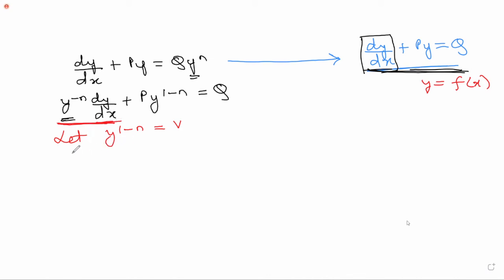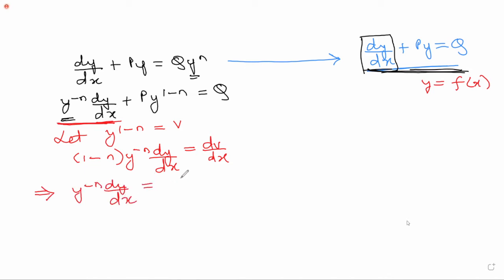For that we have to differentiate 1 minus n, using simple first principles of derivative, and this will equal dv by dx. Therefore, y raised to minus n dy by dx is equal to 1 upon 1 minus n dv by dx.